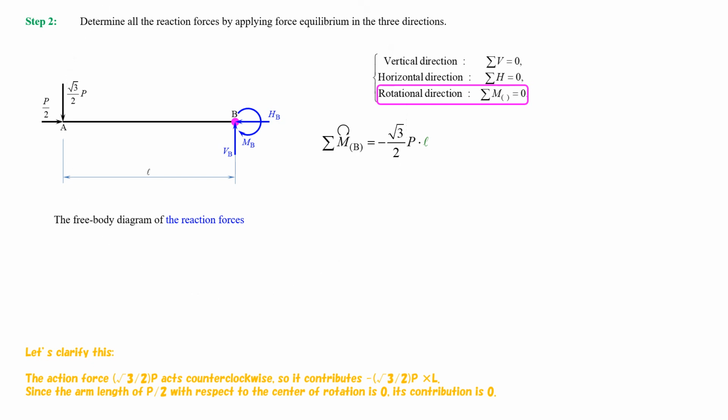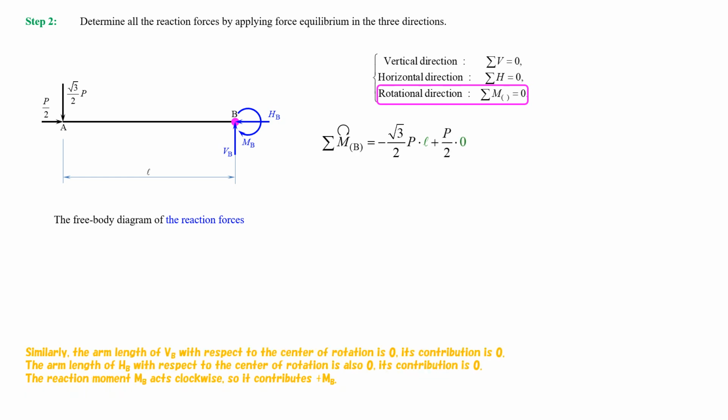Since the arm length of the 1/2 of P, with respect to the center of rotation, is 0, its contribution is 0. Similarly, the arm length of VB, with respect to the center of rotation, is 0, so its contribution is 0.